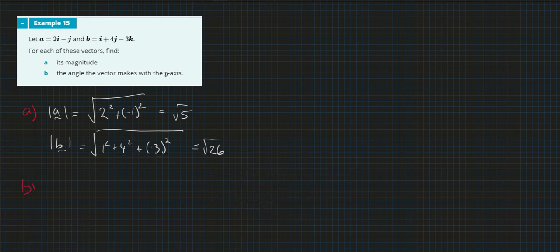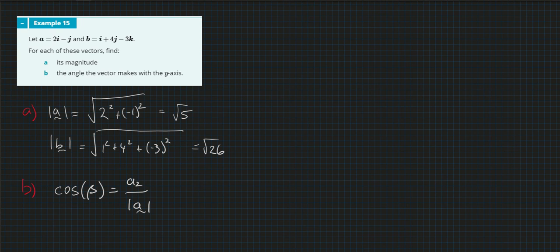Part B says, well, we're looking with regards to the y-axis, right? So A2, that's right. So cos of the angle equals A2 on the magnitude of A, so to speak.